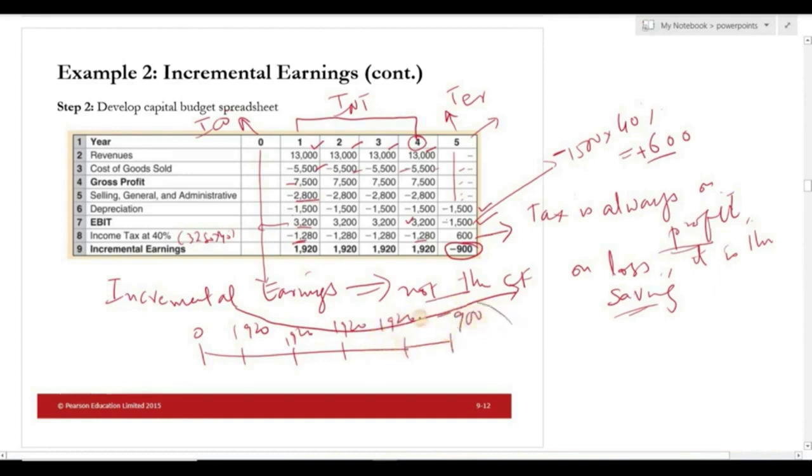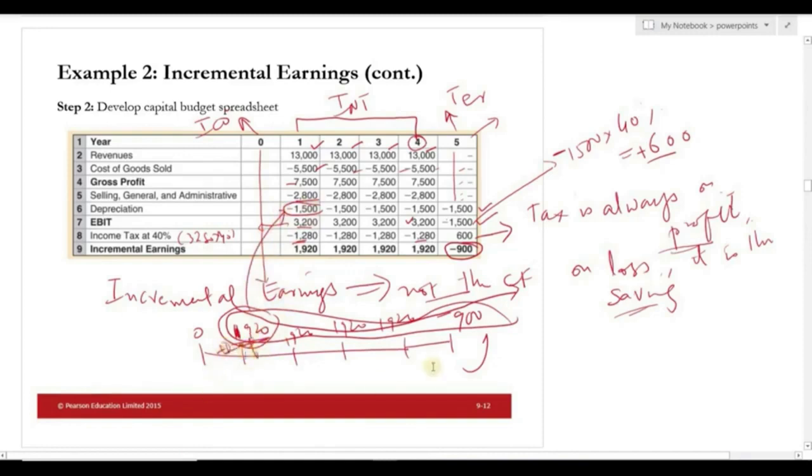We cannot write that, because these are accounting earnings, and accounting earnings have a drawback that they can be manipulated, because we have subtracted how much? 1500 from the profit. So actual cash is normally higher, but this 1920 is lower because we have subtracted this 1500.